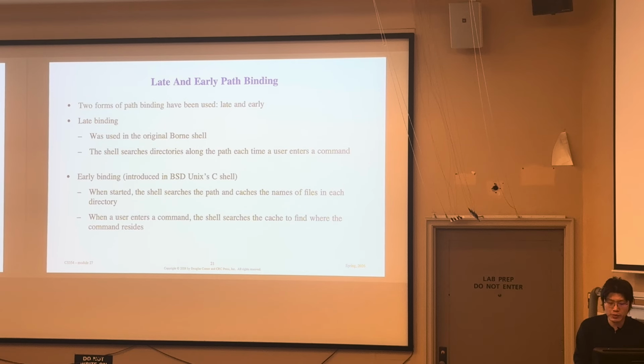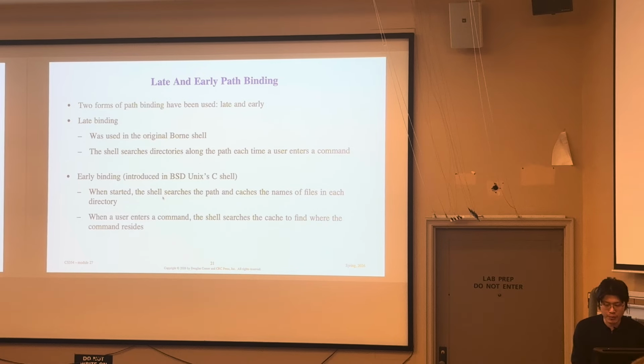There are 2 forms of path binding. Late binding was used in the original shell. The shell searches directories along the path each time a user enters a command. In early binding, when the shell starts, it searches the path and caches the names of the files in each directory.